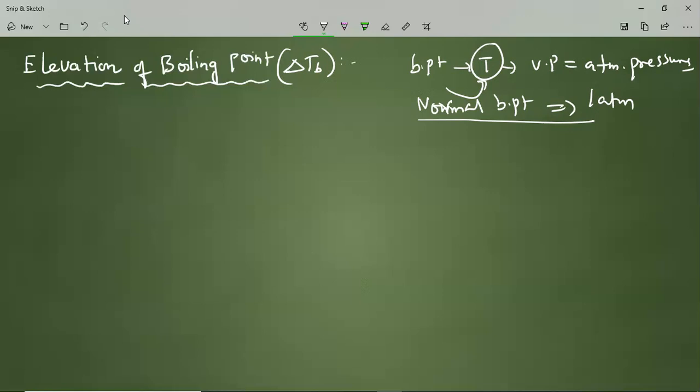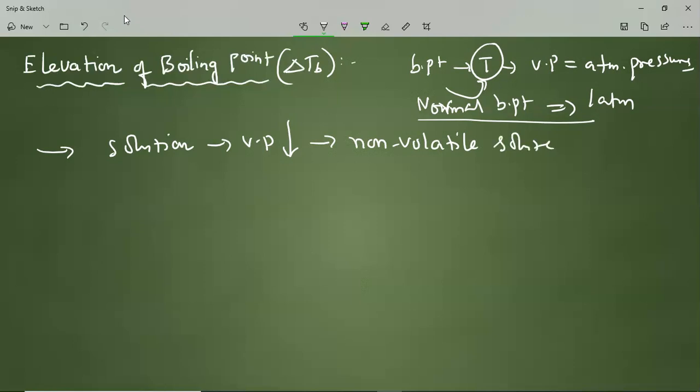So the solution has to be heated to a higher temperature so that its vapor pressure becomes equal to atmospheric pressure.